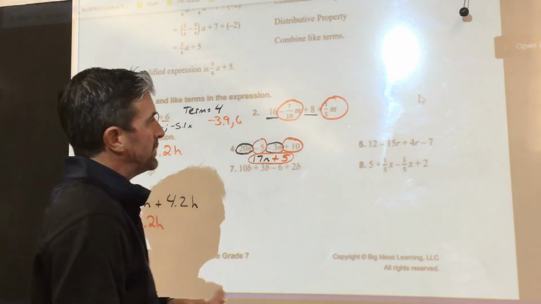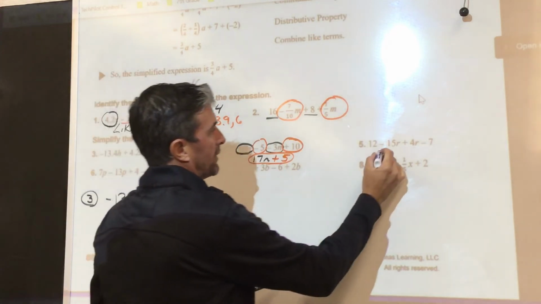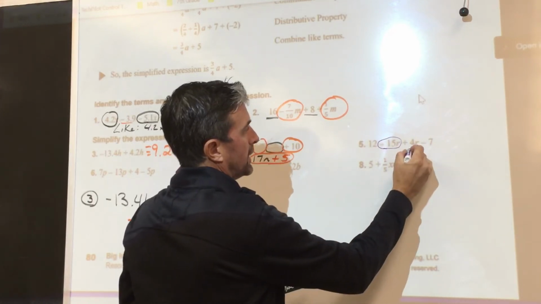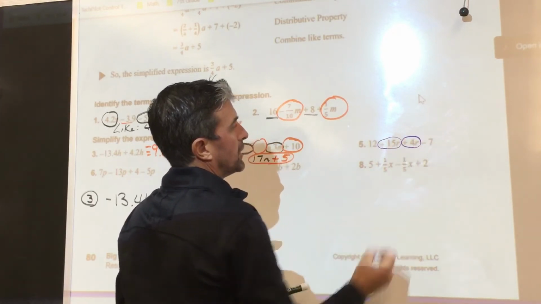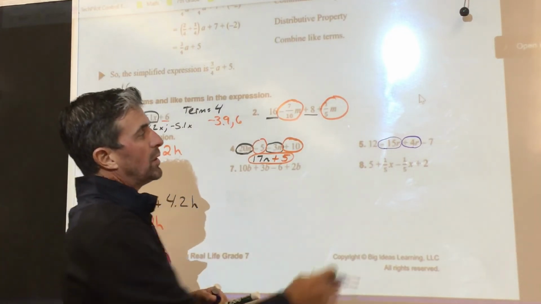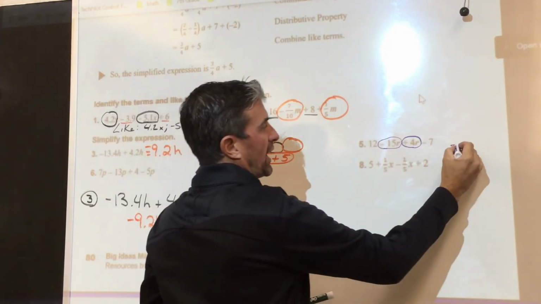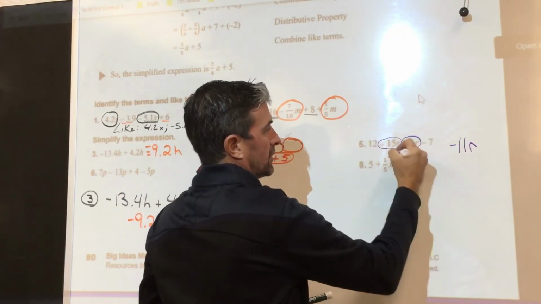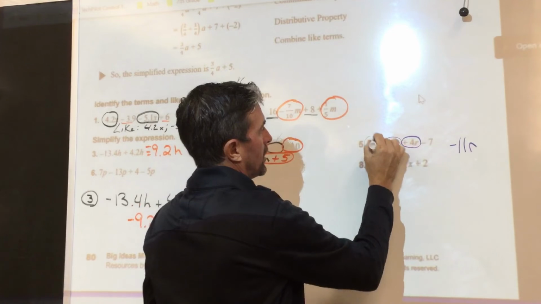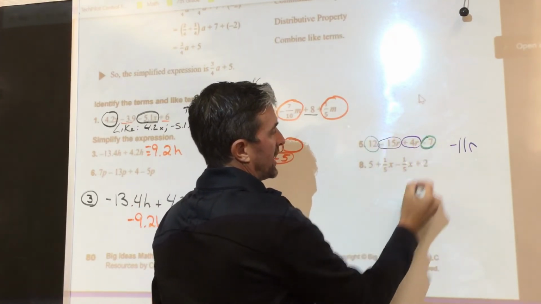Let's look at number 5. We have negative 15r, positive 4r. So how would that equal? Negative 15 plus 4 is negative 11, and you would take the variable with it. And the constant side, we have 12 and a negative 7.